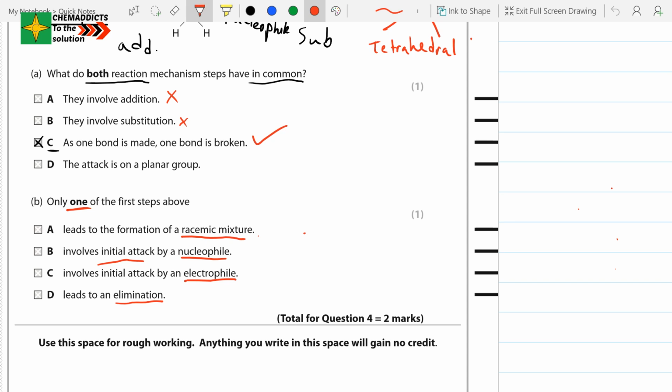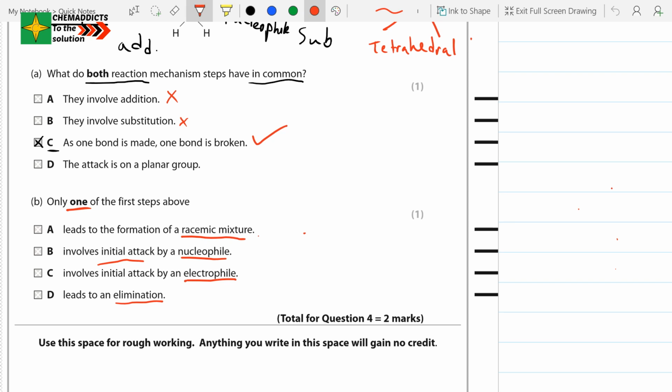Only one of the first steps above leads to the formation of a racemic mixture, involves initial attack by a nucleophile, involves initial attack by an electrophile, or leads to an elimination. So which one should it be?